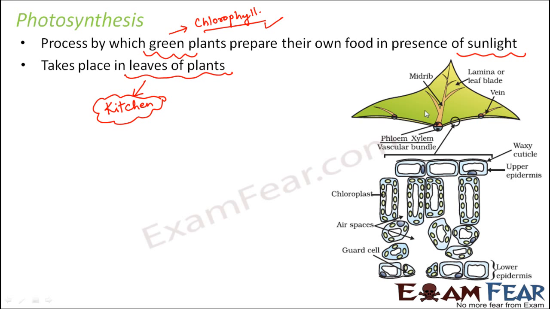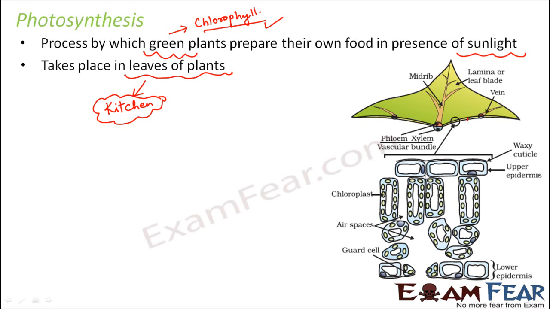If you look at the structure of a leaf, this is how the leaf looks. You have these structures in the middle of the leaf called the midrib and the veins. Now if you observe more closely the structure of a leaf, this is how it will look from inside. The thickness of the leaf is very little.